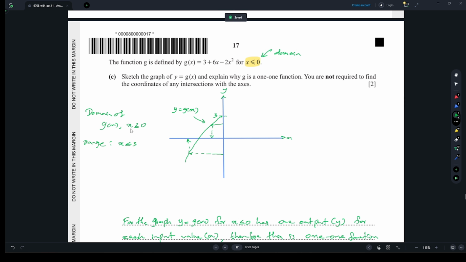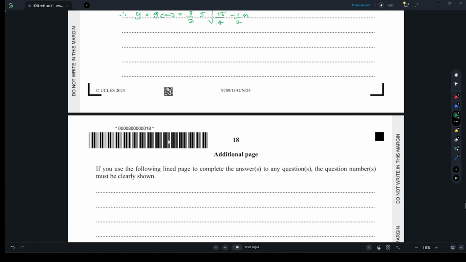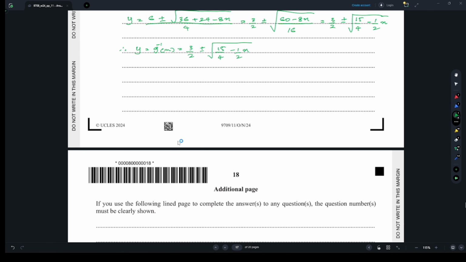Okay, when you take the inverse, we change this one. That means the domain of gx is the range of inverse gx, and the range of gx is the domain of inverse gx. So I will write like this. The domain of y equals g inverse x is the range of gx, which is x less than or equal to 3.